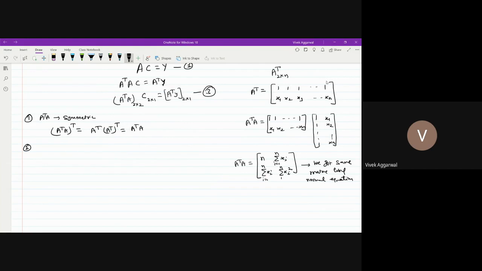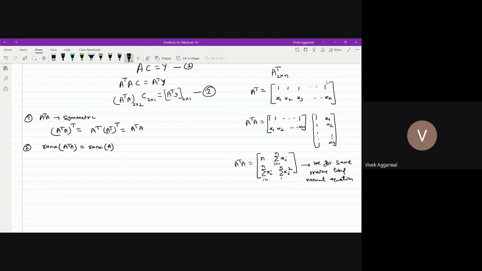So in this case, what we are going to prove is that the rank of this matrix A transpose A is the same as the rank of the matrix A. Now, what about the rank of the matrix A?